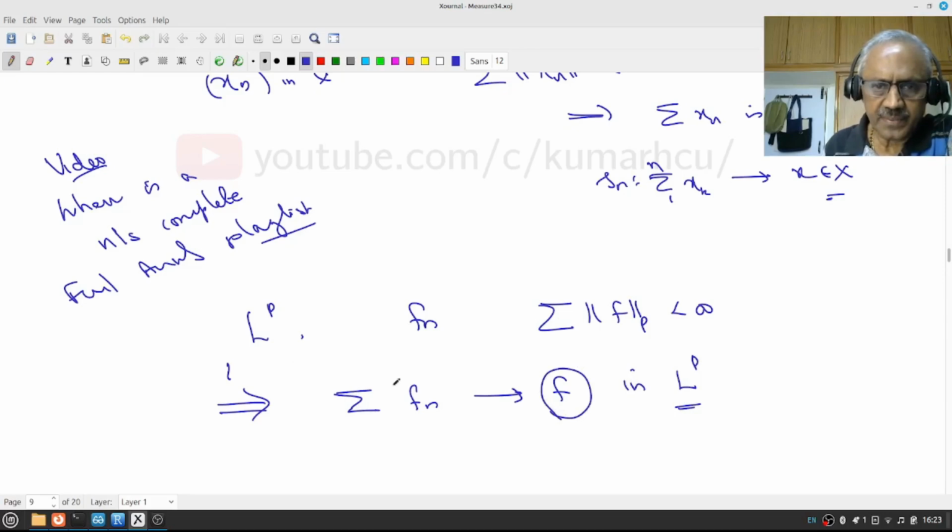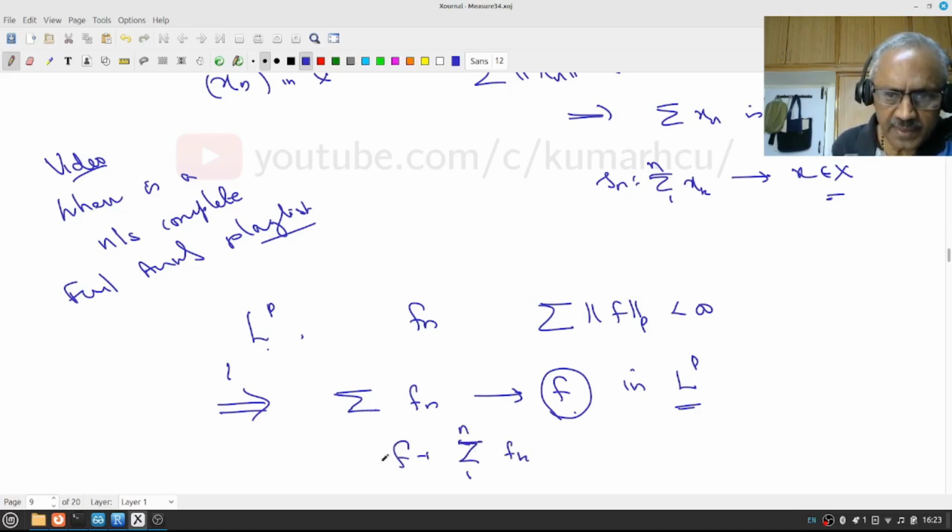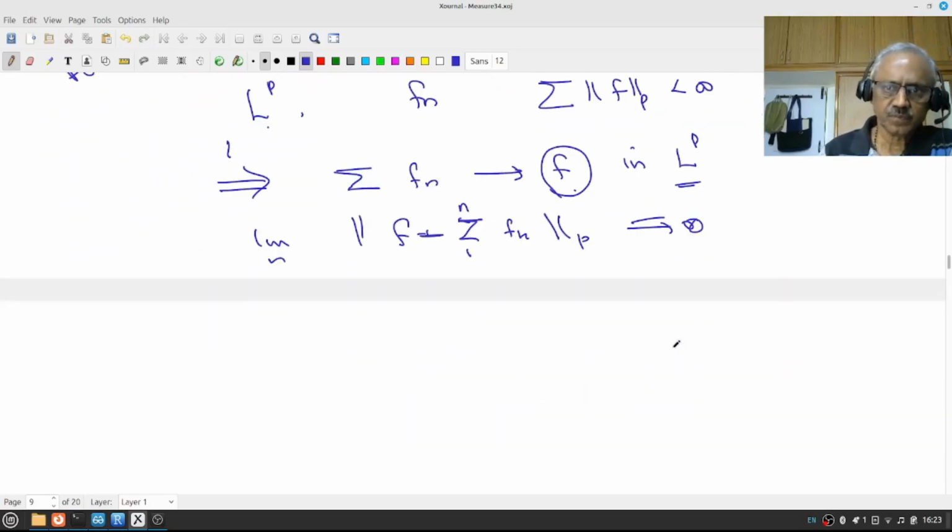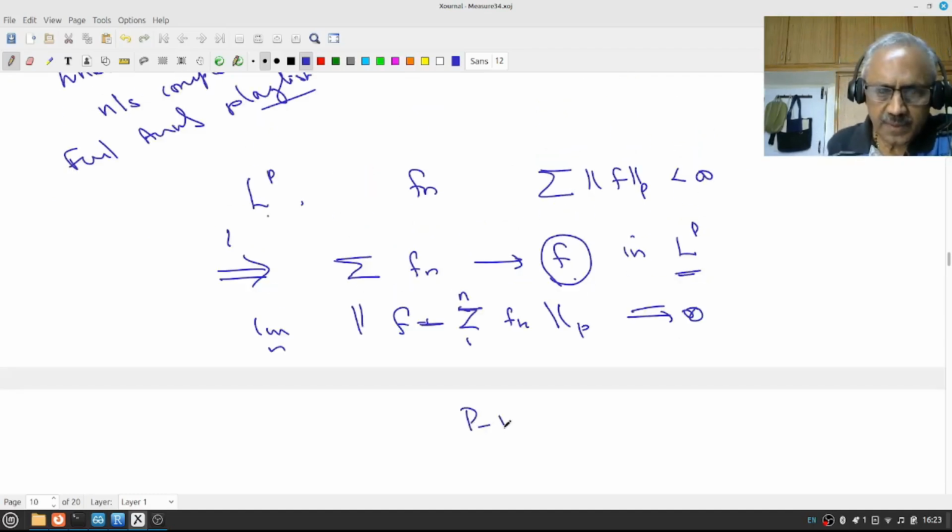There exists an F in LP such that the partial sums, namely the sum of Fk from k equal to 1 to n, minus F, in LP norm goes to 0. The limit of this is 0. This is what I have to prove. Is that clear? Pause, review, proceed.